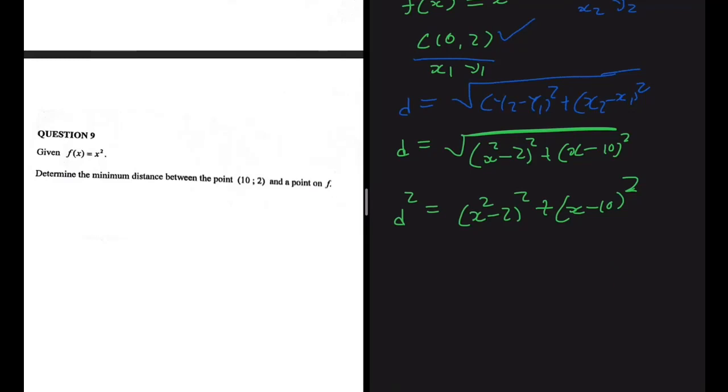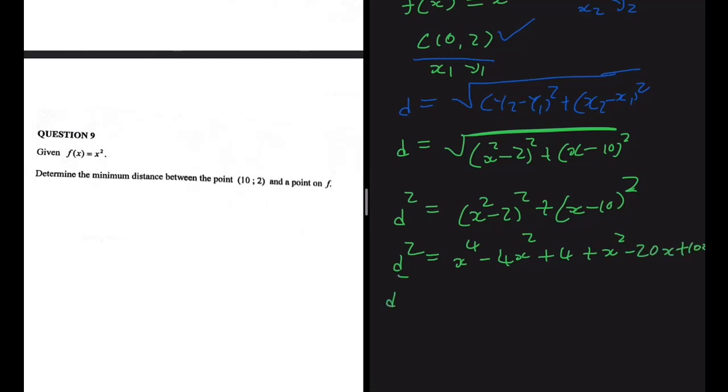If I go ahead and simplify this, I'm going to get d squared equals x squared times x squared. That will be x to the power 4, right? And then minus 2 multiplied by x squared, that will be minus 2x squared. You multiply that by 2, you get minus 4x squared, and then minus 2 multiplied by minus 2 is plus 4, then x times x, that will be x squared, and then minus 10 times x minus 10, multiply that by 2, you get minus 20x, and then 10 times 10, that's 100, right?